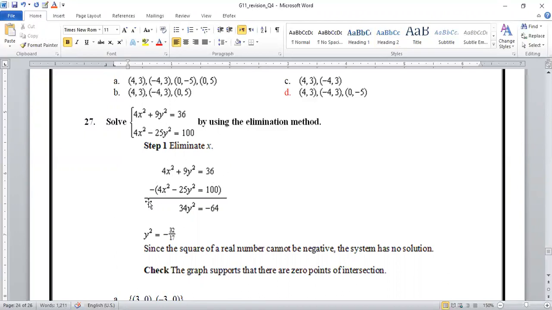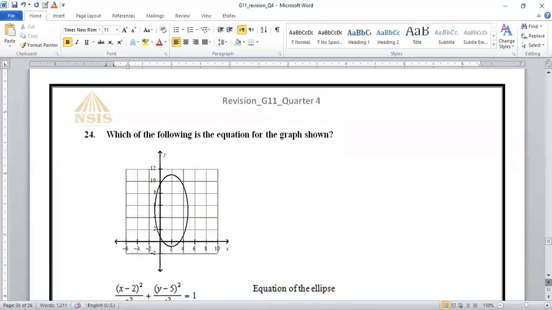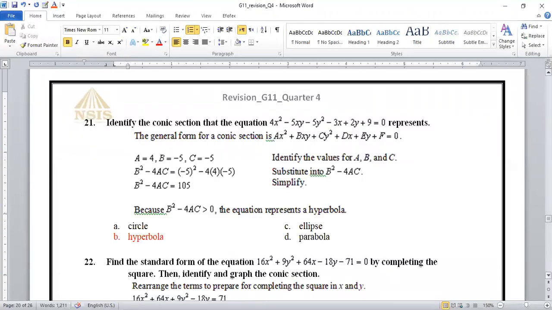Take the first equation minus the second equation. We remove 4x squared with negative 4x squared. After simplification, y squared equals negative 32 over 17. Since the square of a real number cannot be negative, the system has no solution.